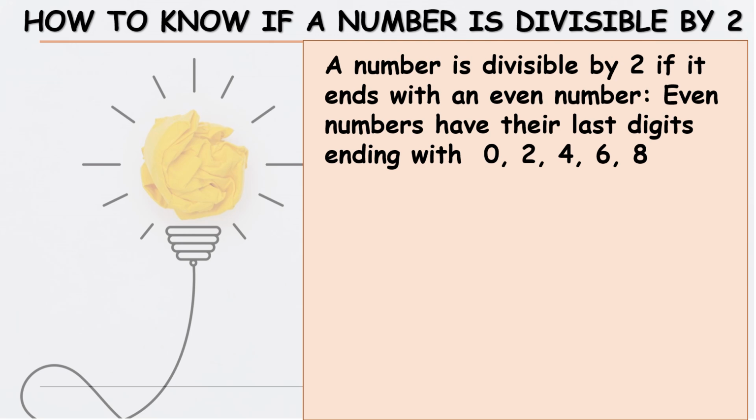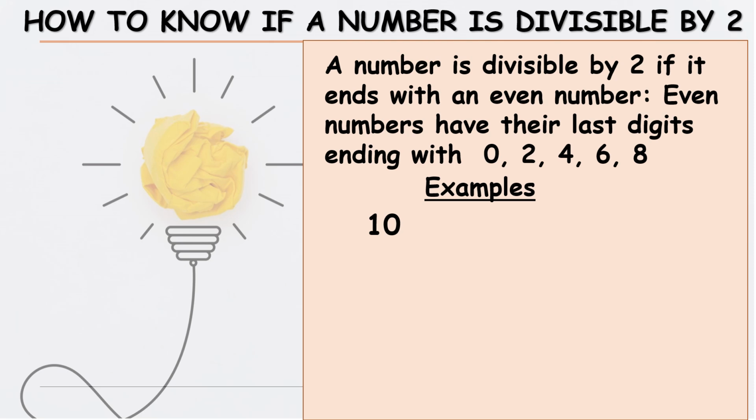Even numbers are numbers that have their last digits ending with 0, 2, 4, 6, and 8. So if you see any number that ends with 0, 2, 4, 6, or even 8, that number is divisible by 2.